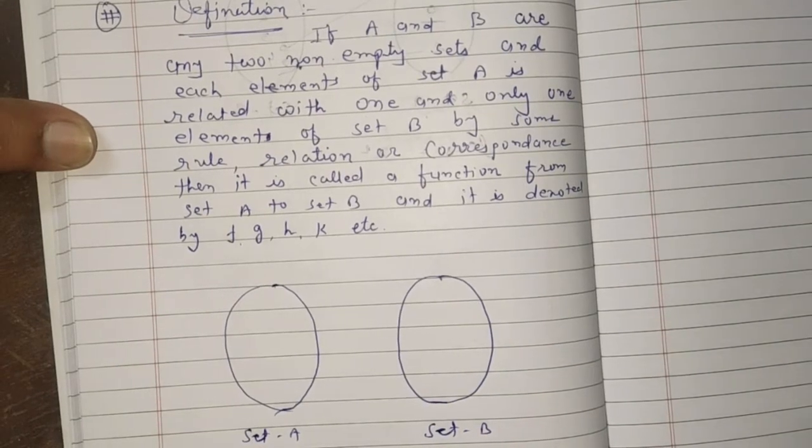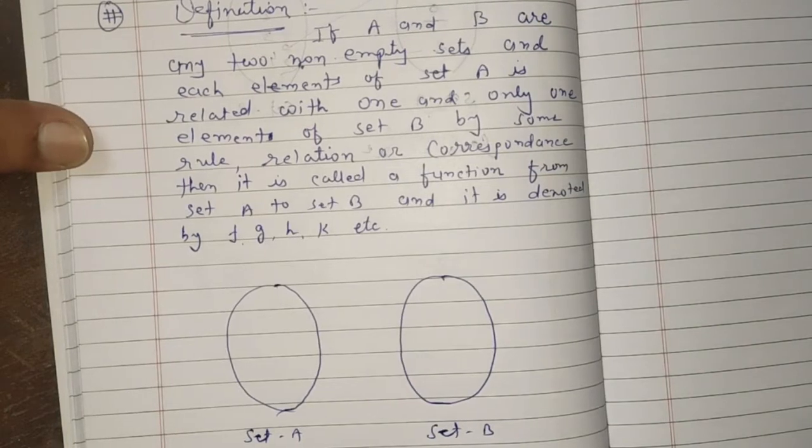So the first condition is that set A and set B must be non-empty sets. These two sets should be non-empty sets.